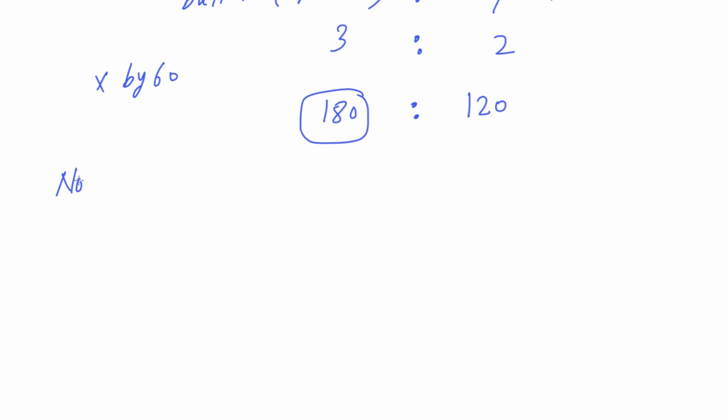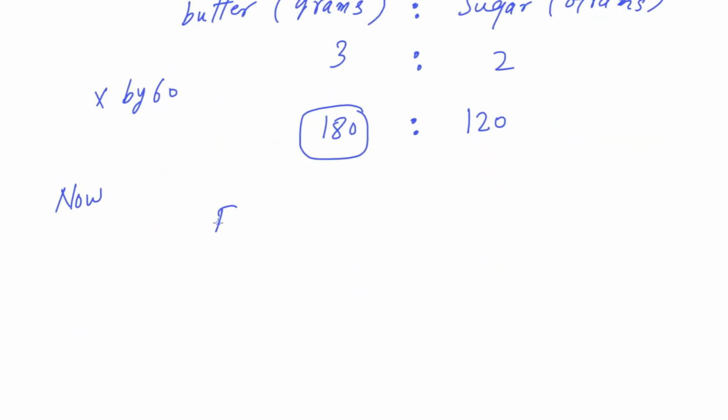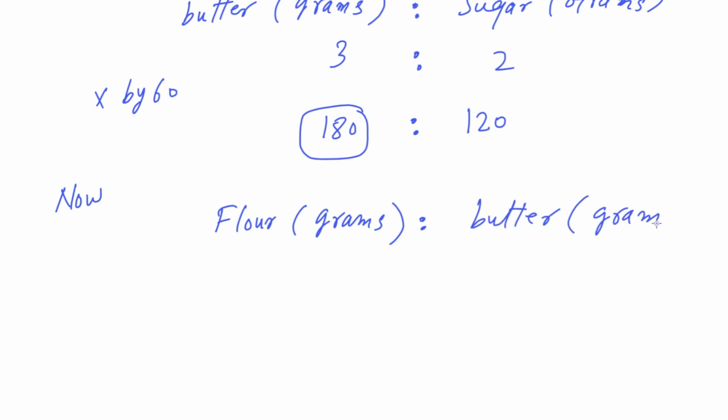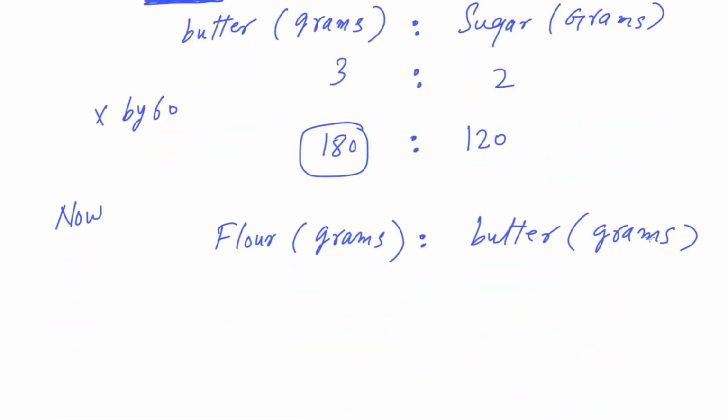Now flour ratio butter. Flour is in grams, ratio butter. This is also in grams. Because flour is 6 and ratio 5. In previous part we already got butter is 180 grams. So we must convert this 180 grams. How to get the number by which we multiply 5 to get 180? You divide this. 180 divided by 5, we will get the answer 36.